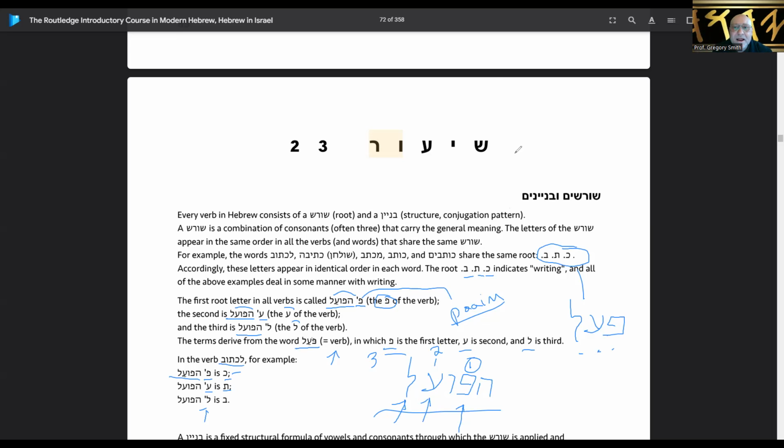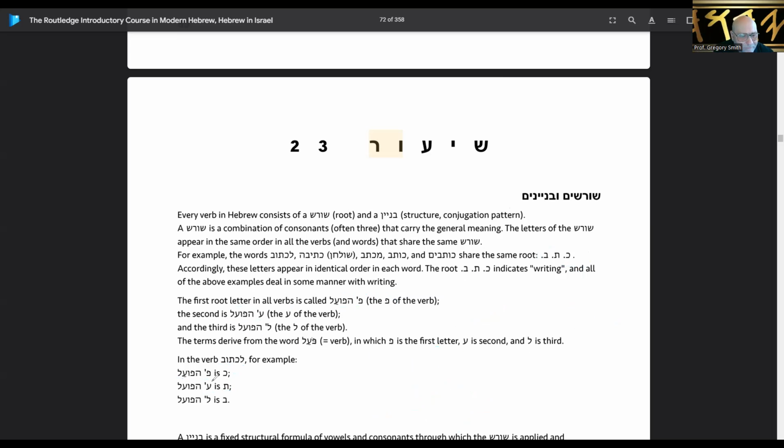So this is why we would have here, in katav, for example, liktov, to write. The pei part of it, which would be the first part of that root system, is going to be a kaf. And then the ayin represents the second part, which is a tav. And then the lamed represents the vet.